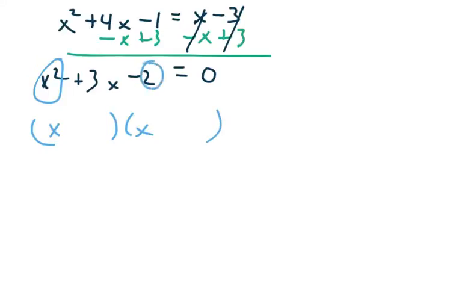See the 2 right here? Well, the 2 is normally 2 times 1, right? And I need to get a 3. You know what, guys? I can't make it happen, can I? If I did plus 2 plus 1, that would mean right here I would need a positive 2.